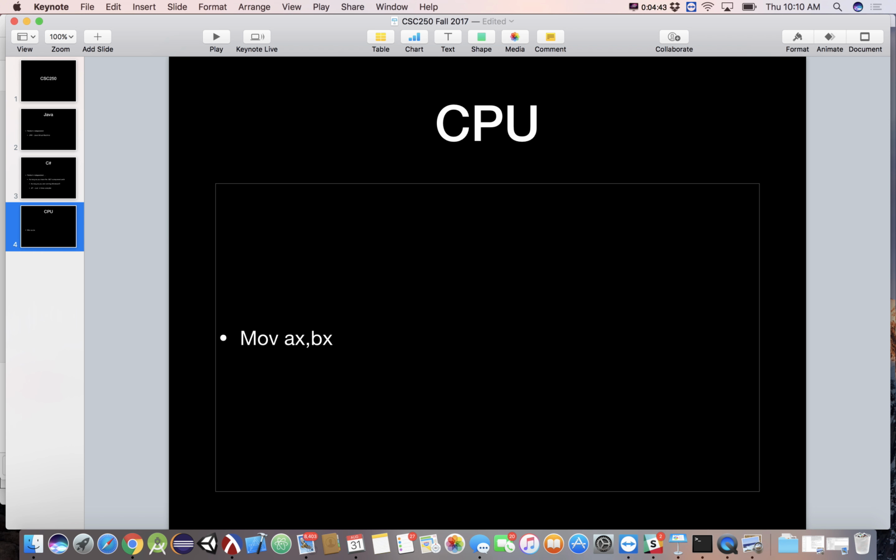That would be an assembly language instruction where I want to move the contents of this memory register into the contents of this memory register for some reason. That's going to translate into a magic trick on the CPU that might be something like that. Okay, where maybe this is the memory address of BX, this is the memory address of AX, and then this is the index of that magic trick.